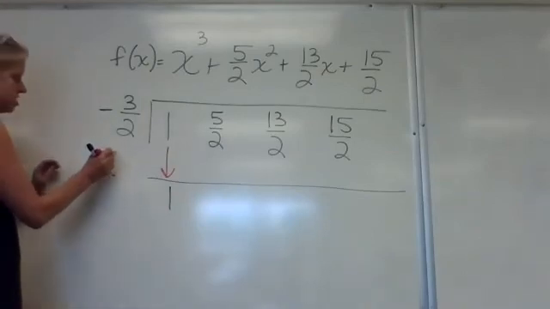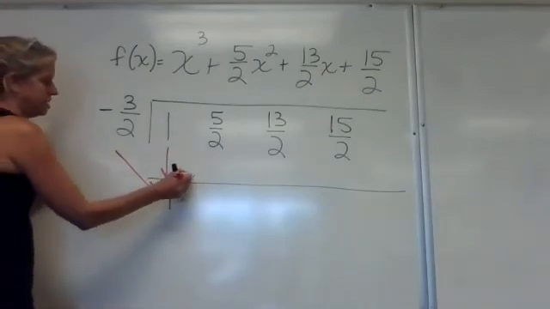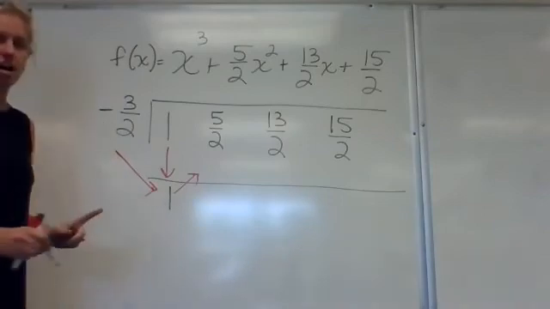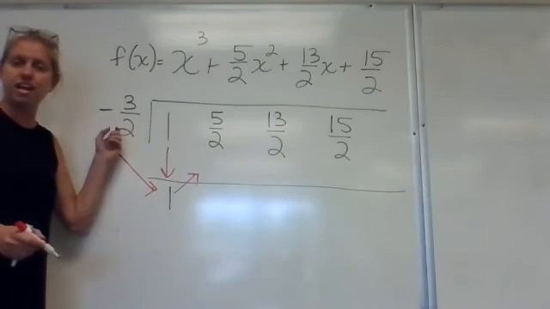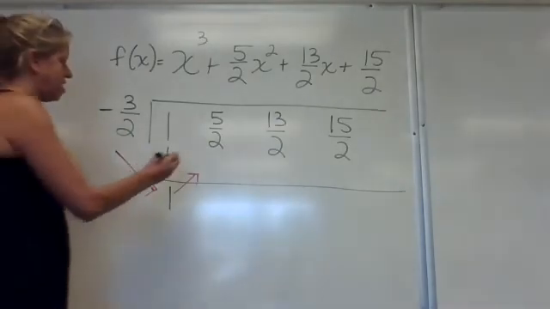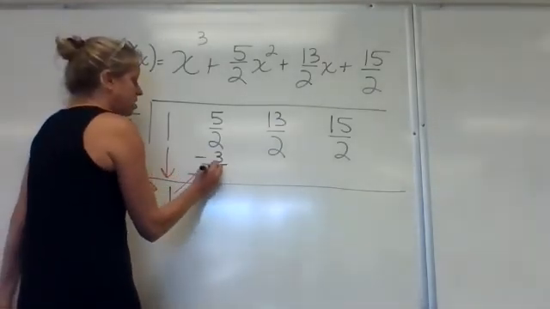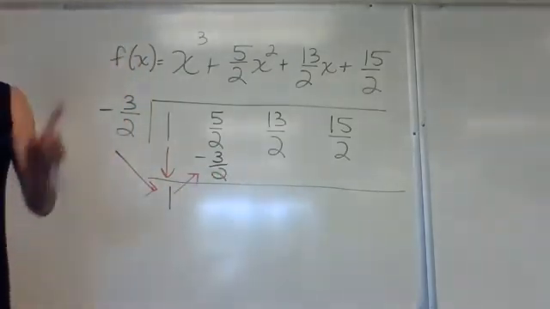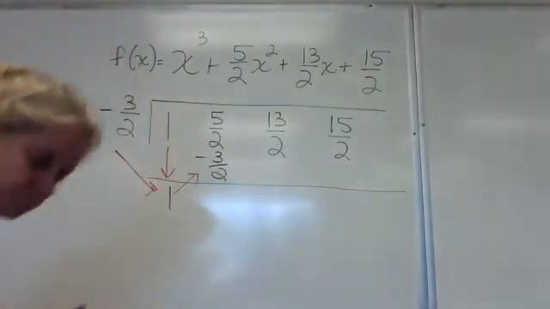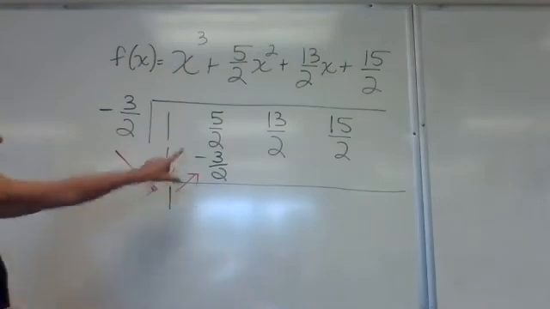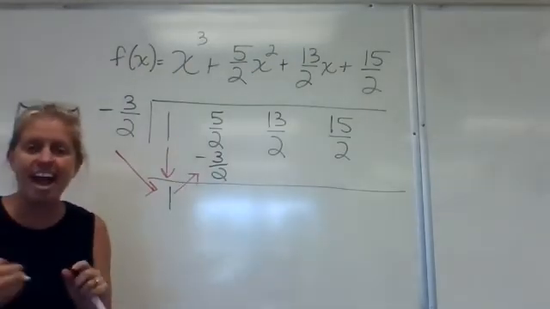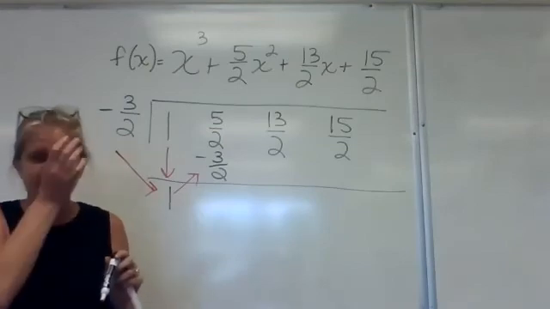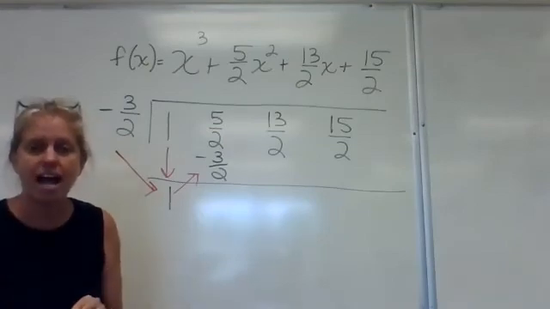Then start your multiplication. Still not too bad because I have negative 3 halves times 1, right? Anytime you multiply something times 1, it's just what that other number is. So negative 3 halves times 1 is negative 3 halves. So even though these are fractions and I have to add them, or in this case, subtract them, they have the same denominator, which makes this not near as bad, right?